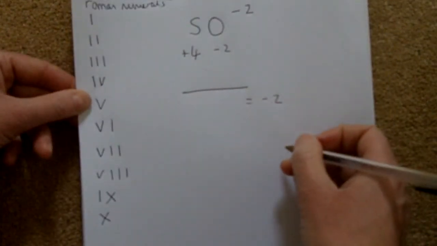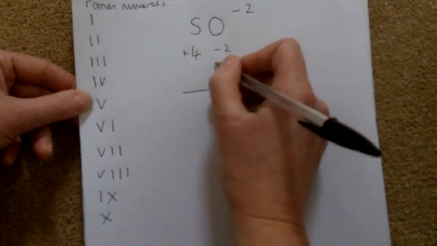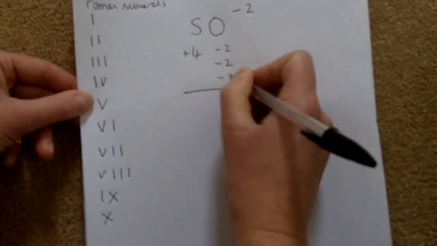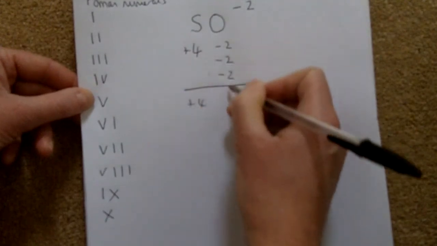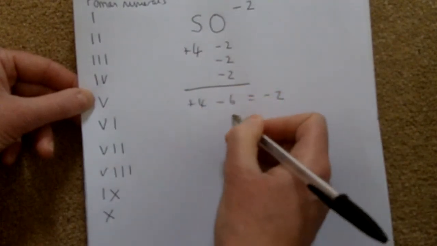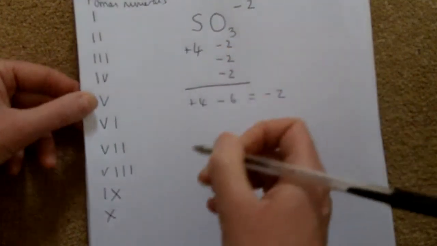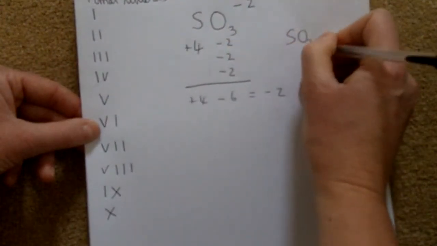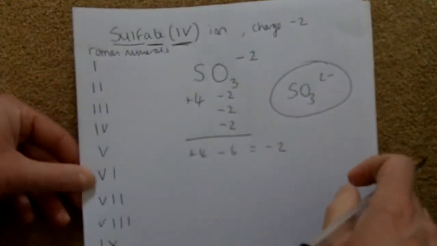So how can I get this formula so that it equals -2? If I have 4 minus 6, that equals -2, so there must be 3 oxygens, and that is the formula. SO3 2- is the formula of the sulfate(IV) ion.